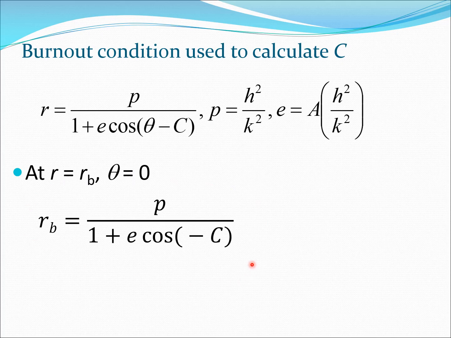Now I can solve this equation for C if I know the values of p, e and r_B. r_B would be something known to you, typically expressed in kilometers. You can convert it to meters, and once you do that you can obtain the value of C, and then after doing more manipulations you can also obtain the values of h, a, e and all the other parameters which govern this conic section.